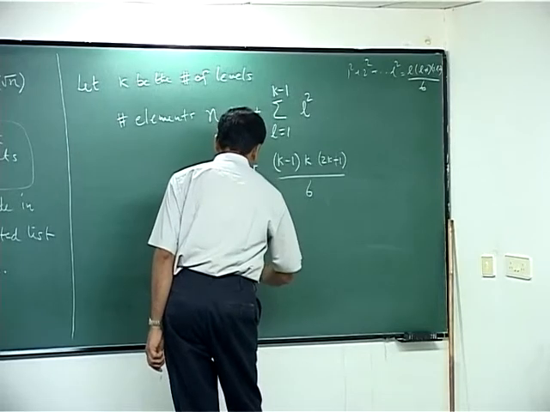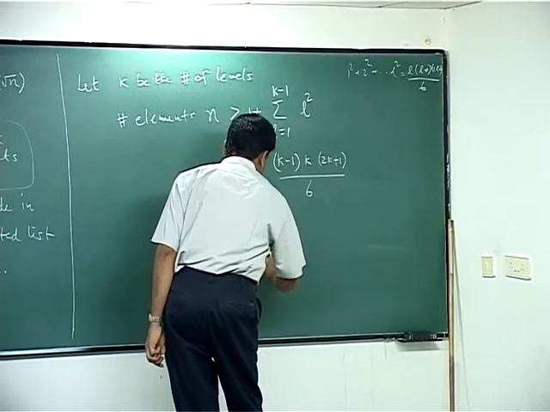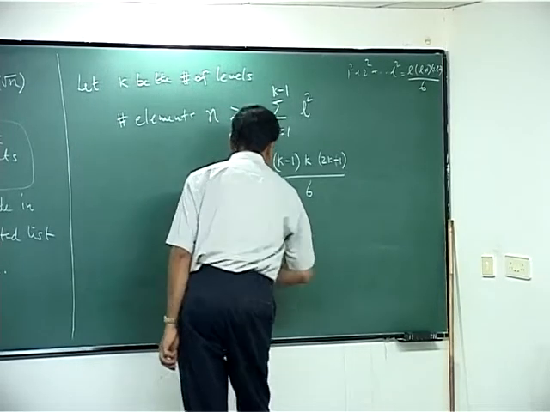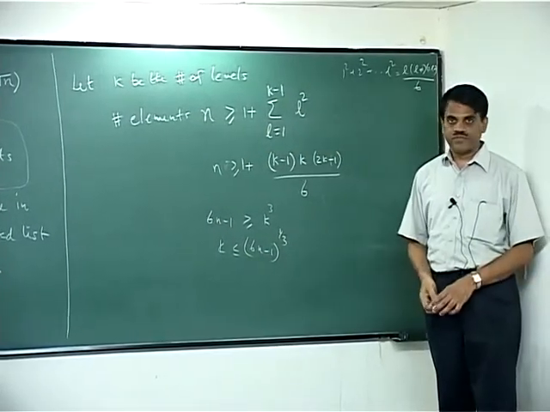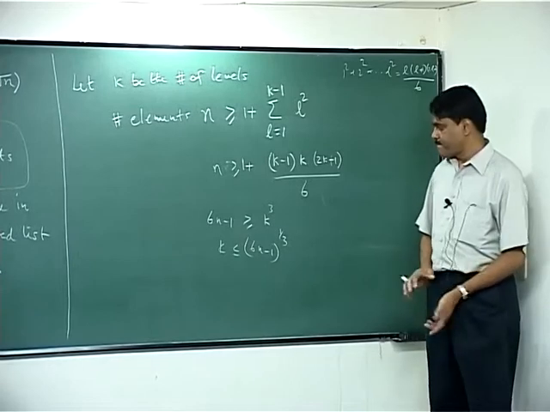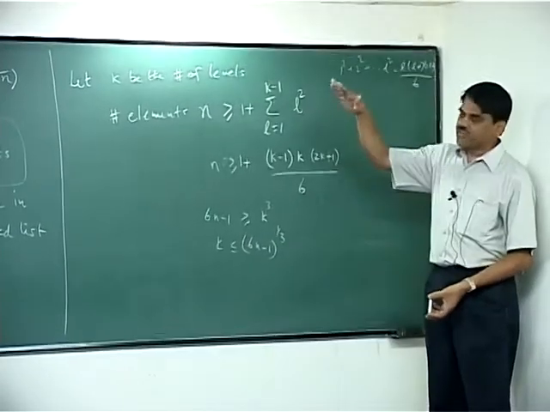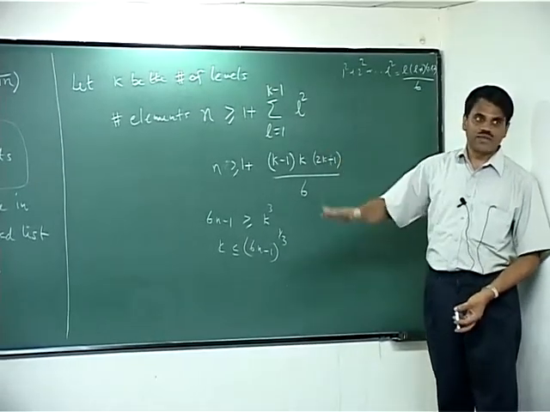So, k is at most the cube root of 6n, and that is what is order n power 1 by 3. Okay, so, the number of levels is order n power 1 by 3.